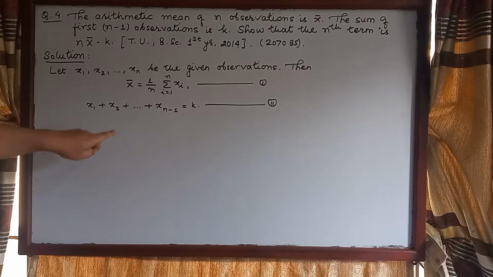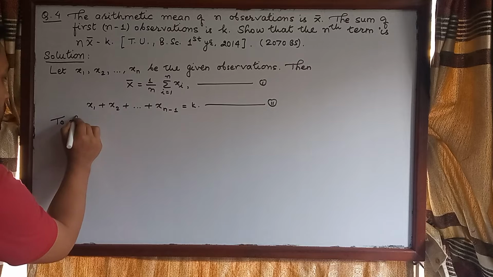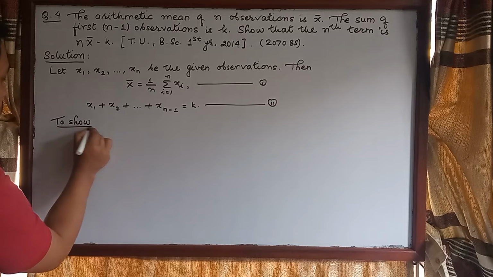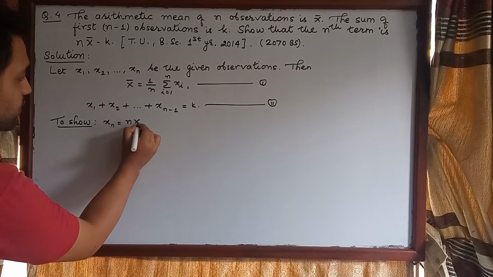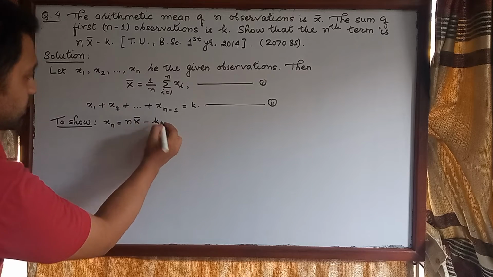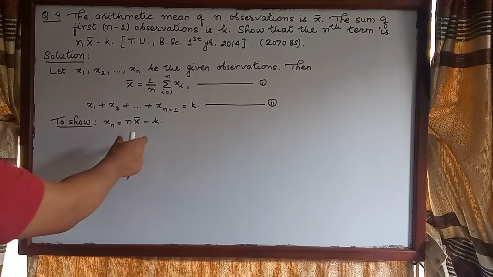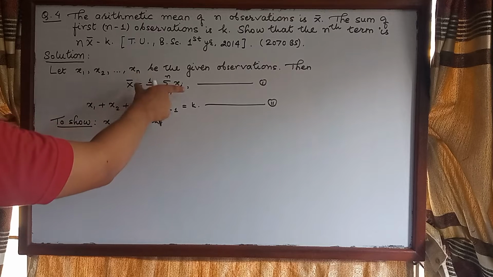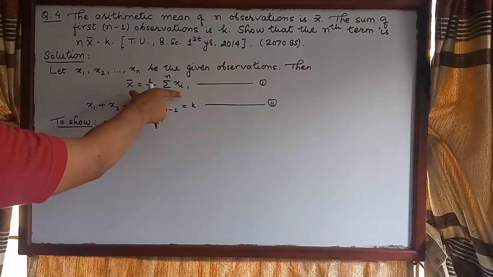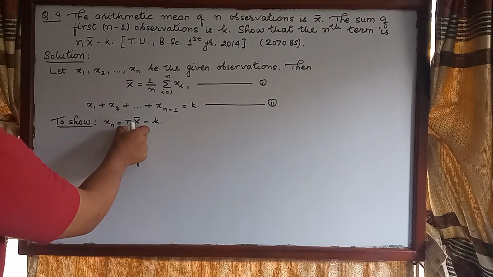Then we need to show that xn, okay, what we need to show is that xn is equal to nx bar minus k. Now you can take the value of nx bar from this equation, put it here.